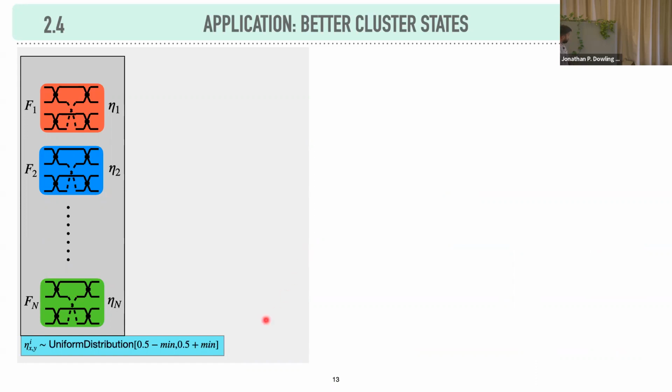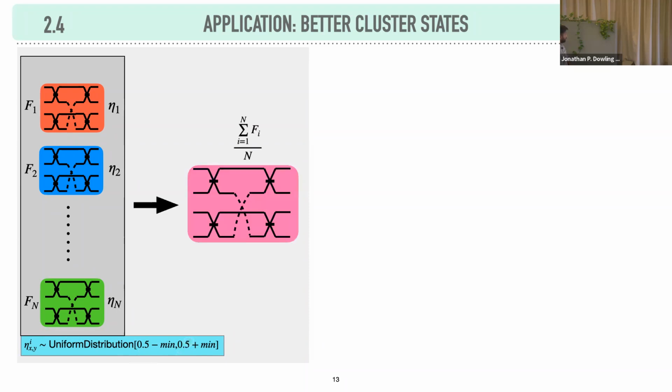They follow some probability distribution, let's say uniform, centered around 0.5, but with some width. So the first question that we ask is: is it better to use an averaged version of these fusion gates rather than randomly picking one of them?